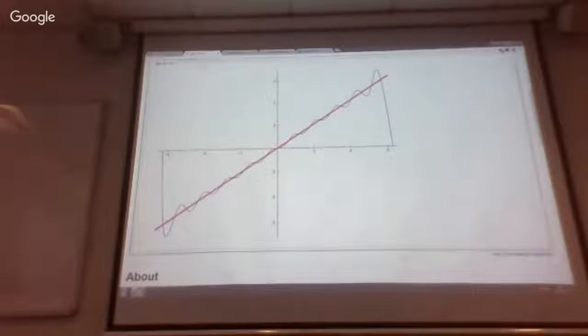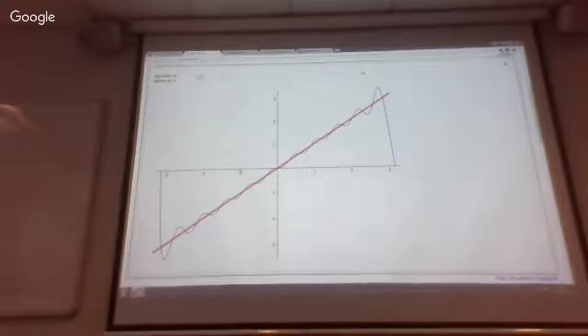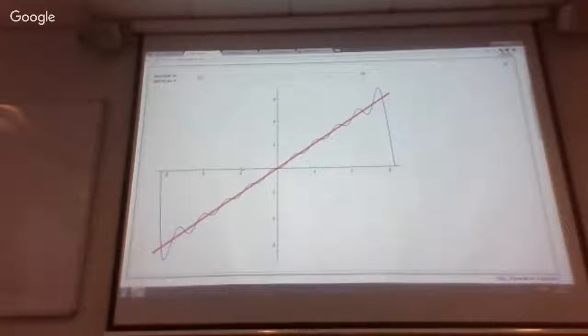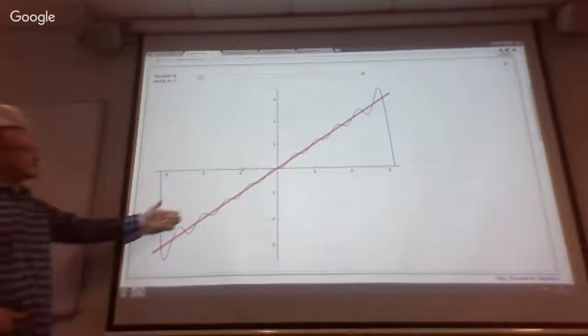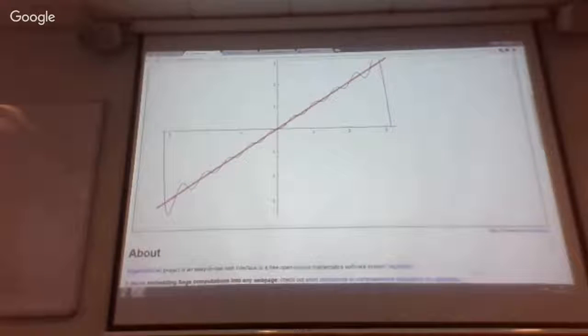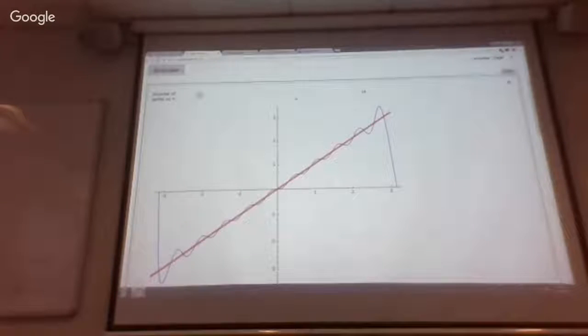Some of the early partial sums of it are illustrated here. The red function is the function f of x equals x on the interval minus pi to pi, and the blue curve is the Fourier series with just the first 10 terms included.